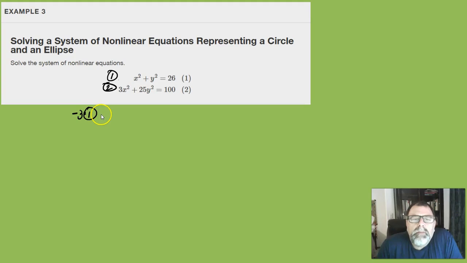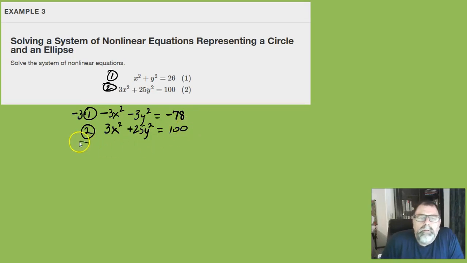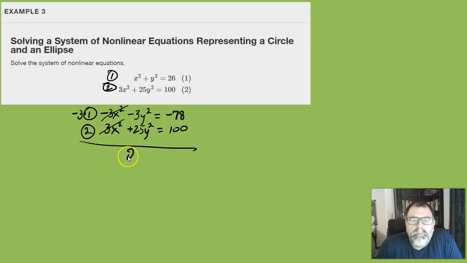So negative 3 times 1 would be negative 3x squared, negative 3y squared equals negative 78. Equation 2, we're going to leave alone because I wanted the x squares to cancel. The x squares cancel. We get 22y squared equals 22.